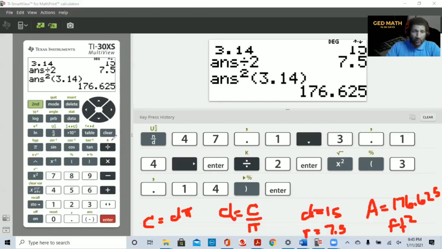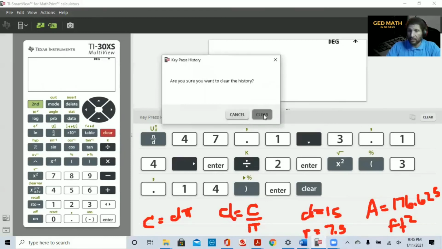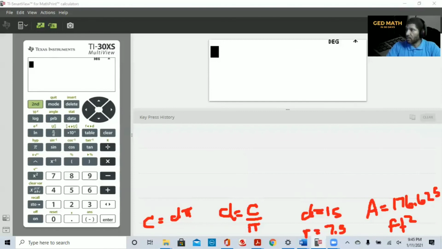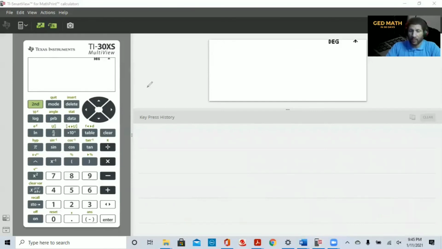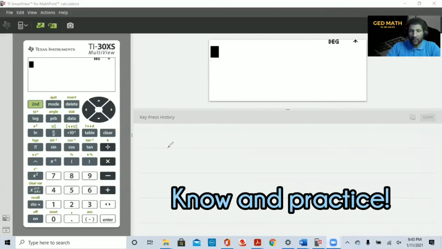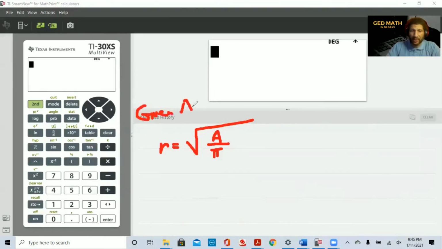Okay, so let's summarize what we did for this session. Let me clear the screen and go to a blank sheet so I can just write it here. First of all, if we're given the area and we want to solve for r, r is equal to the square root of your area divided by pi.